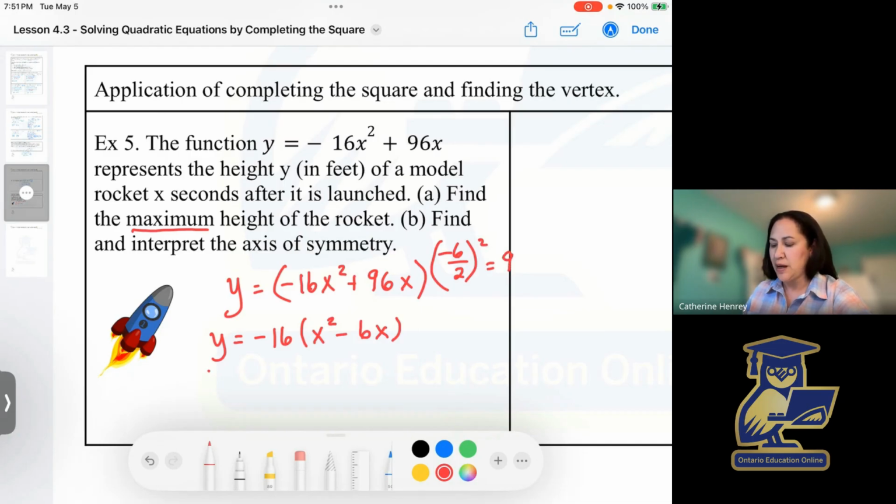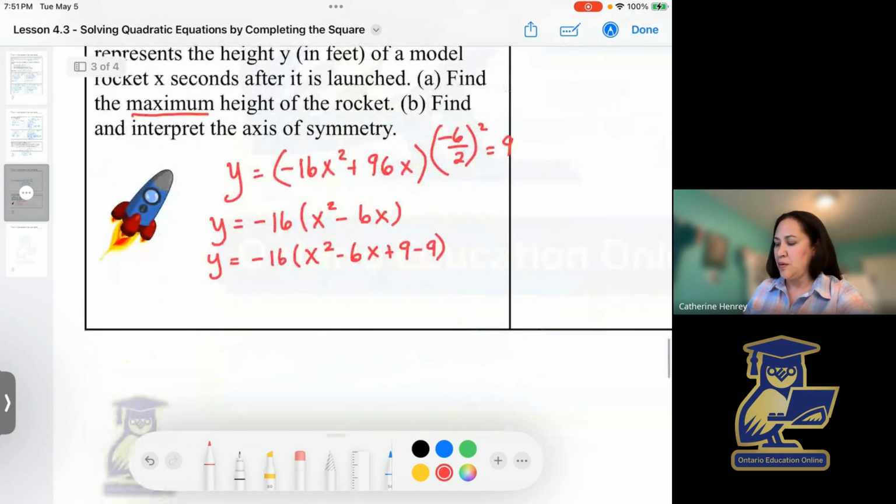So I'm going to come back to my function, and I have negative 16 times bracket x squared minus 6x plus 9 minus 9. So we want to move the minus 9 out of the bracket, but we do also have a coefficient of negative 16 out there. So when we pull it out, we have to remember to multiply that by negative 16.